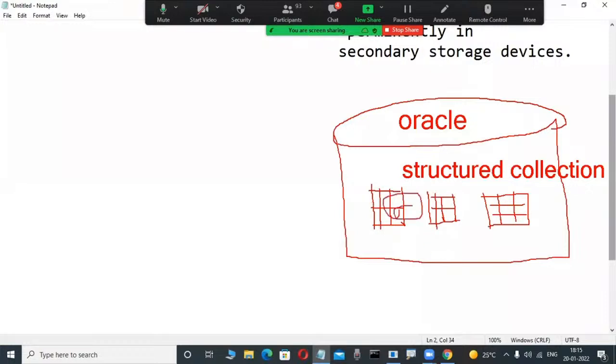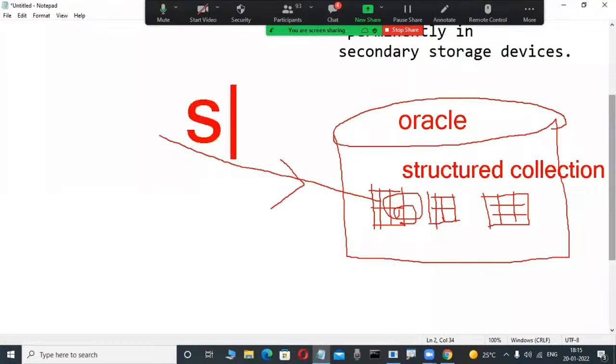Once we have structured data, we operate on this data using some language. What is that language? Maybe anybody has an idea? SQL, structured query language. Through this language only, we operate on this structured data in relational databases.